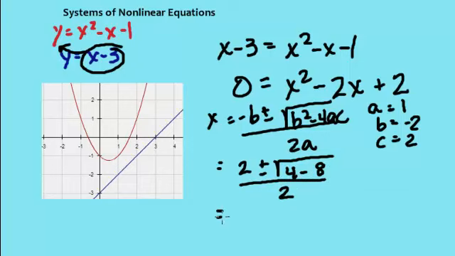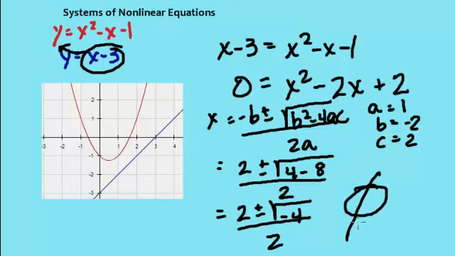At this point, I can see that I'm going to get imaginary roots, meaning that it doesn't cross. So this would be a -4. Notice how I've got a negative underneath the square root, meaning that I have no real roots. This thing does not cross. So no solution would be my answer.